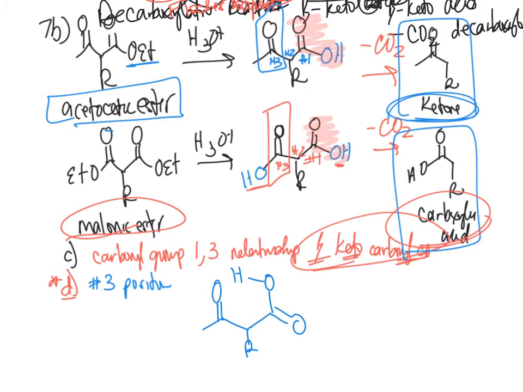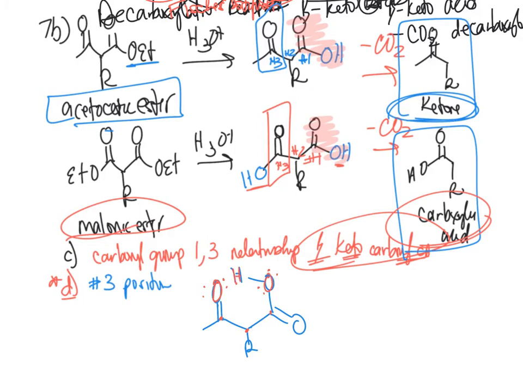So when you draw your beta keto acid, drawing your lone pairs, this makes a 1, 2, 3, 4, 5, 6-membered ring.